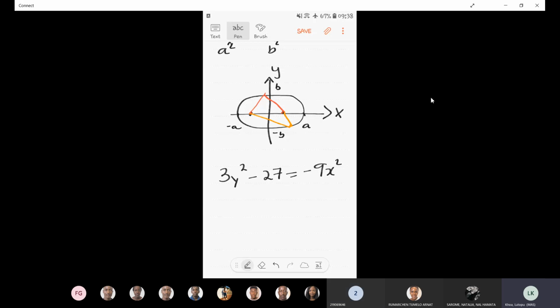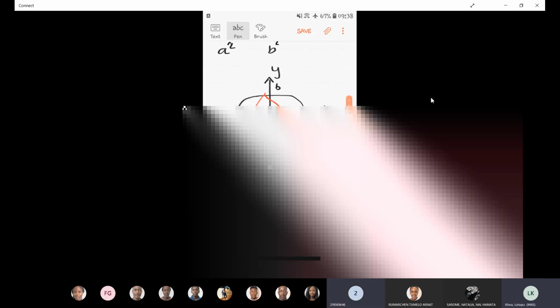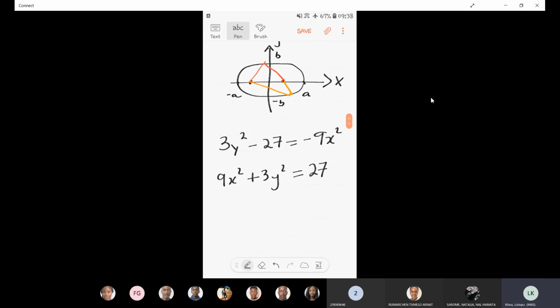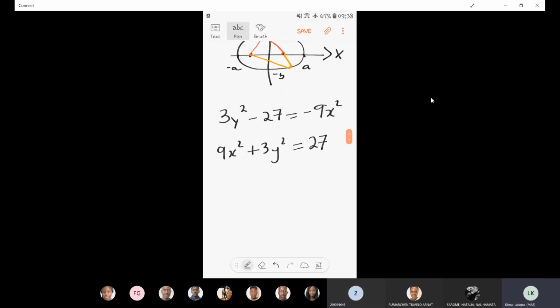So I will have 9x squared plus 3y squared, and this is equal to 27. Now remember, in standard form I need this to be equal to 1. So what I do is I will divide by 27 throughout.